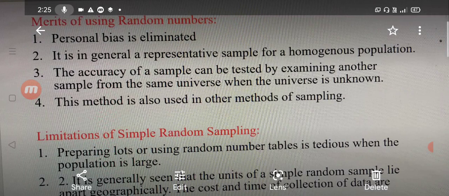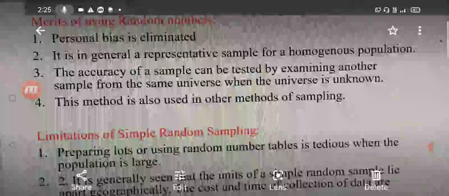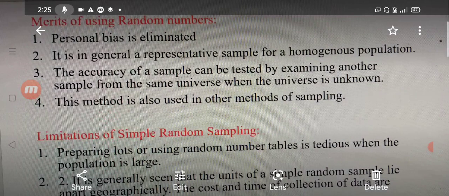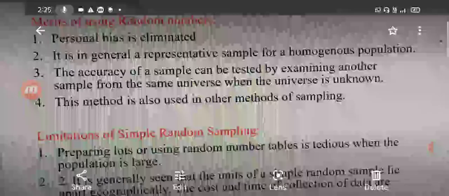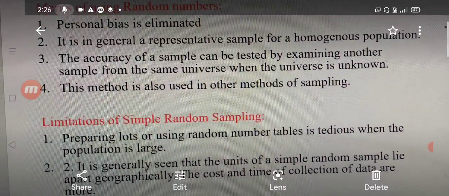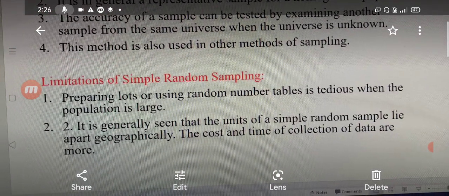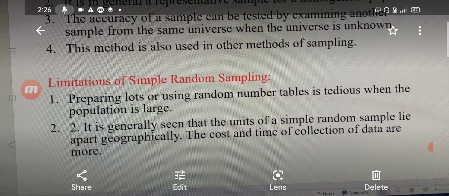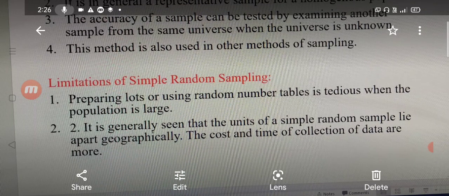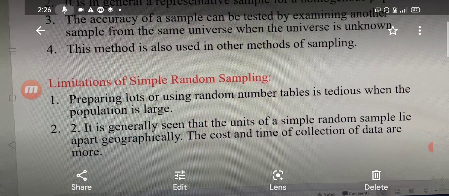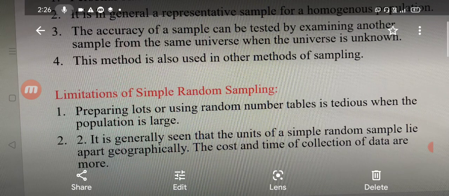If we want to conduct a survey all over India among the 130 to 140 crores, it is very difficult to conduct such large studies. It is also generally seen that the units of the sample may face geographical problems, because the socio-economic conditions are different from one place to another.